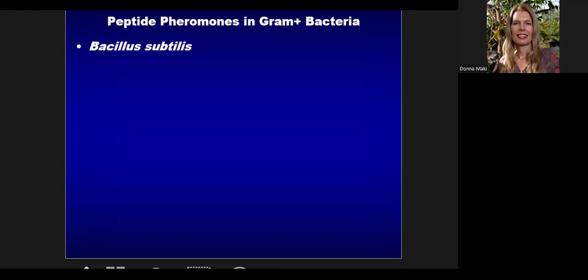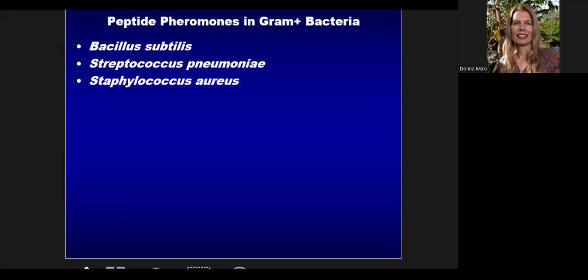Then they started looking at others. A lot of what they looked at initially were human-associated microbes, because of course we were very curious about that. And so Bacillus subtilis, Streptococcus pneumoniae, which obviously can cause pneumonia. Staph aureus is super common on your skin. Lactic acid bacteria in the food industry.